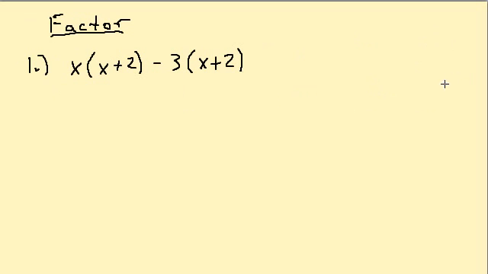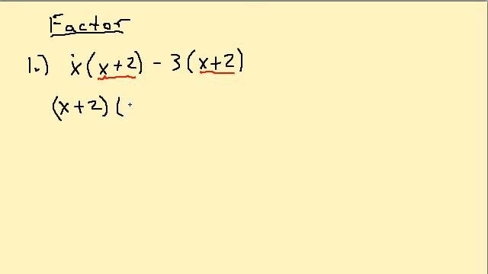Let's take a look at some more. Once again I have a common binomial factor of x plus 2. So if I take out the x plus 2 from this first part, I'm left with just the x.